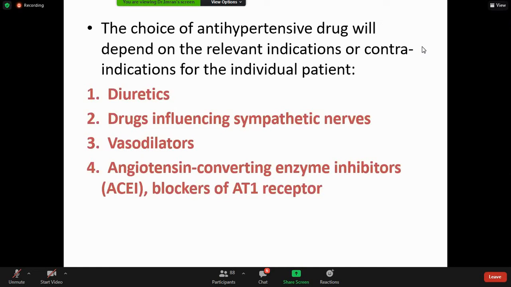If there is a change in the posture, let me explain it. For example, if anyone goes from a sitting position to a standing position, you know what will happen? Due to gravity, blood will move downward, right?